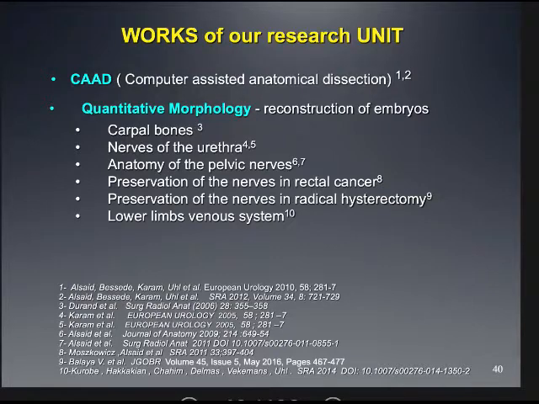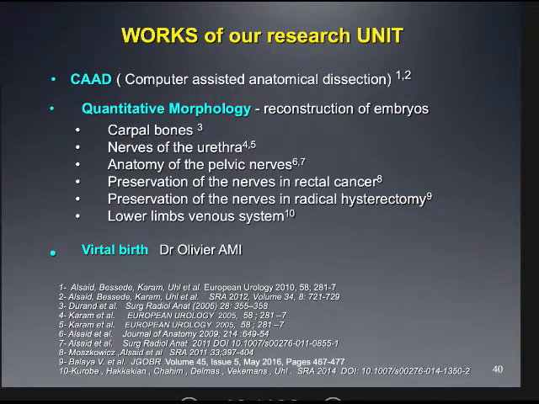It was using reconstruction of human embryos, carpal bones, the nerves of the urethra, the anatomy of pelvic nerves, and different techniques of preservation of the nerves, and lastly, the lower limbs venous system.